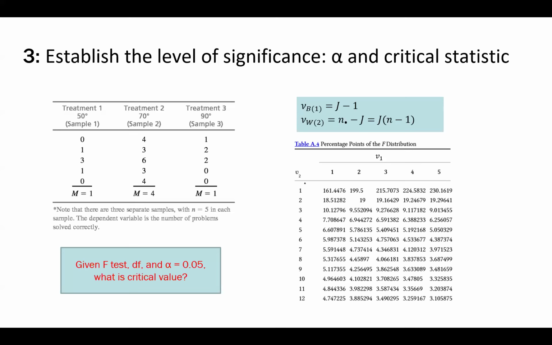The typical way of laying out a table for looking at critical values is that you will have numerator degrees of freedom, between degrees of freedom, arranged in columns.